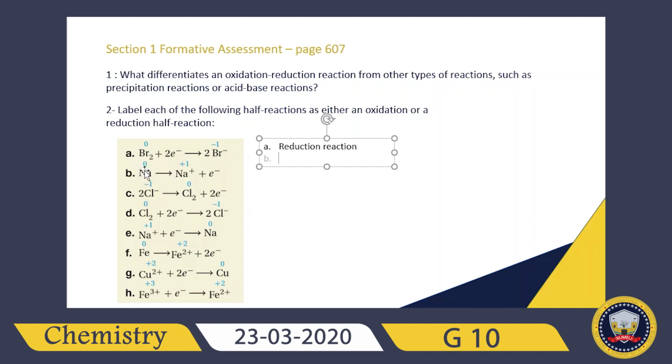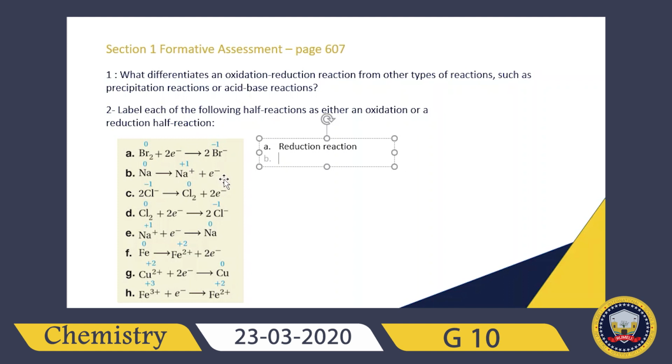Again, let us see what happened to the oxidation number. The oxidation number for sodium atom was 0, and then it increased to positive 1. And at the same time, you can see that this atom lost 1 electron. So what do you think? Is it a reduction reaction or an oxidation reaction?